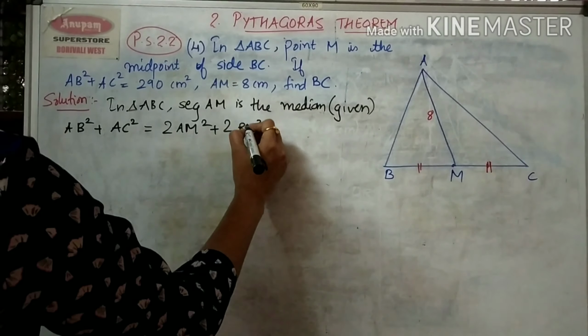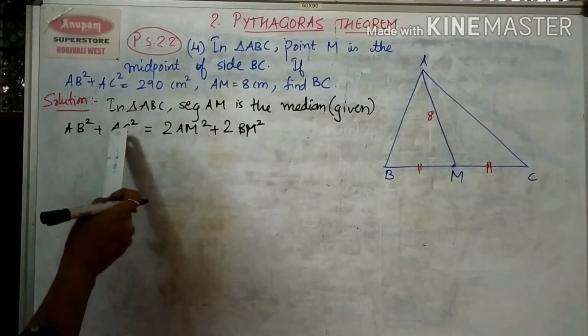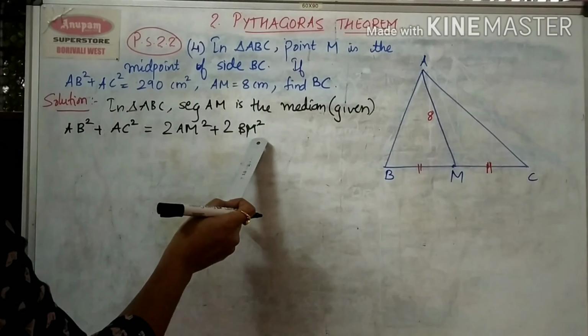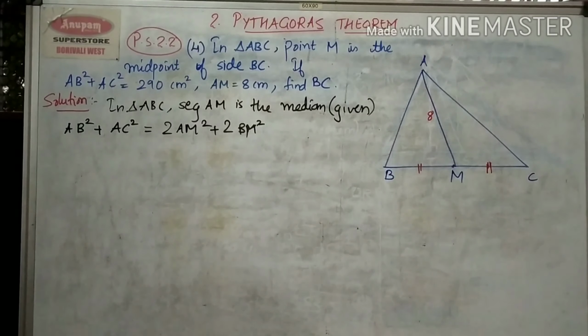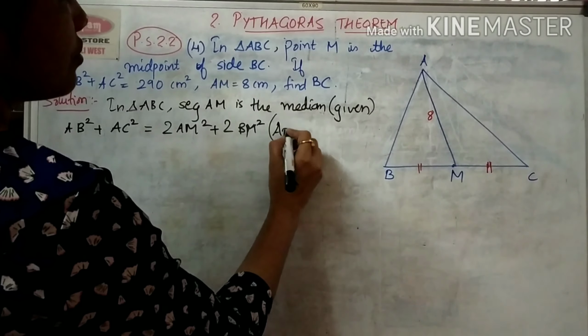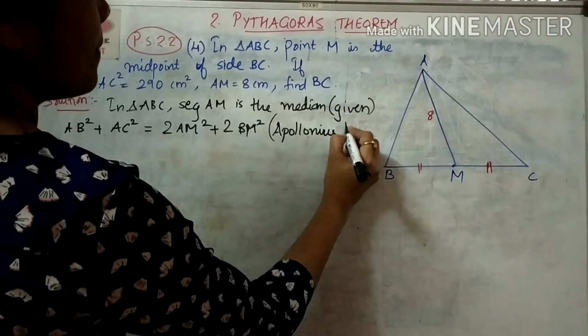These are the two things that we are going to write. But if you look here children, we have AB square plus AC square, we also have AM square. We don't have BM square, but we also need to find out what is BC. So all these things we need to remember and proceed ahead. Before doing that, it is very important to write down the property, Apollonius theorem.